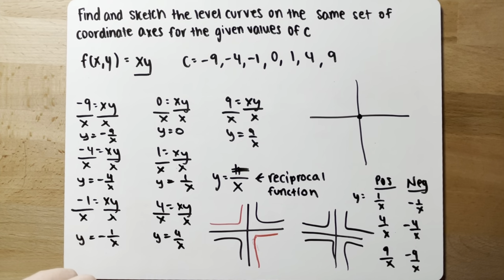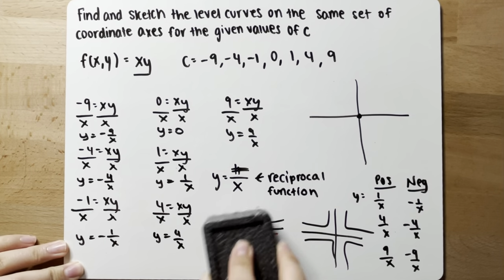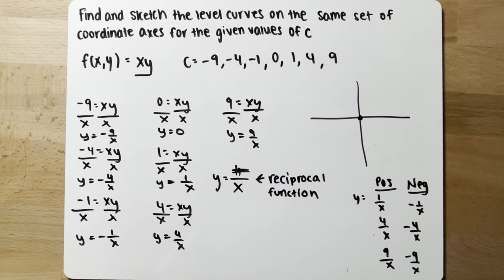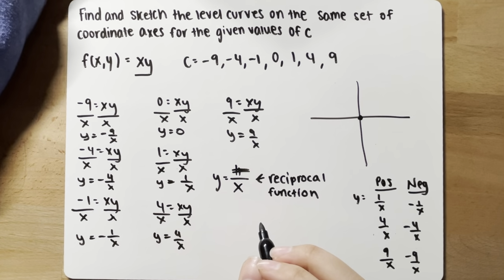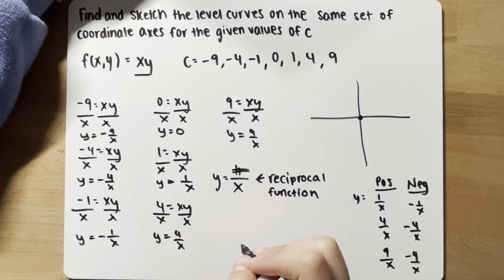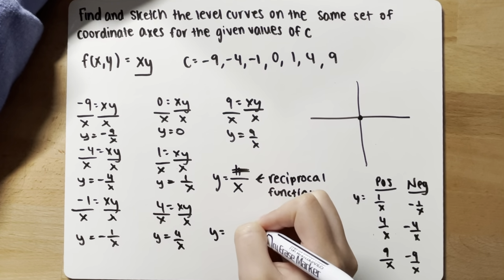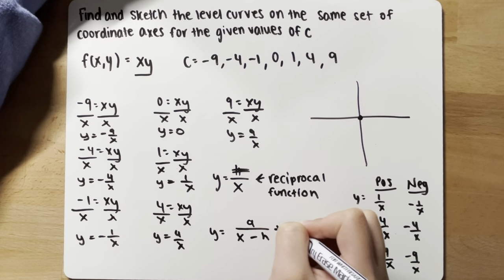Okay, so the thing about reciprocal functions is that the formula for this is y equals a over x minus h plus k.